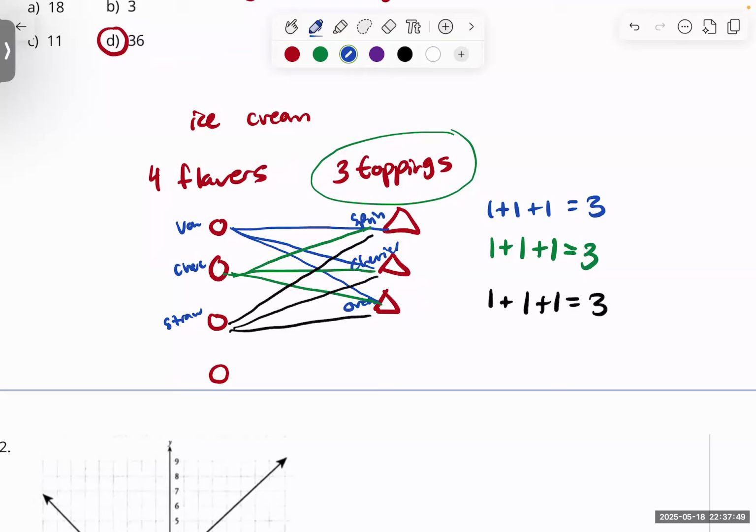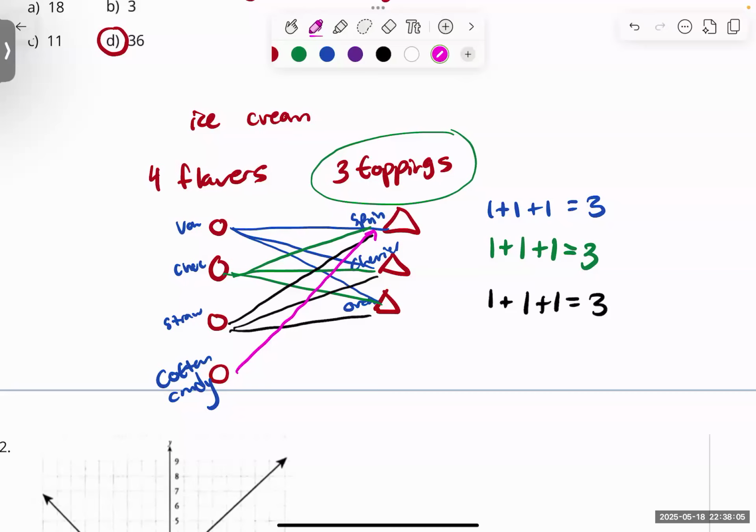Let's do some crappy one, cotton candy. So I can have cotton candy with sprinkles, that's 1. Cotton candy with cherries, that's another 1. Cotton candy with Oreo, that's disgusting. That's another 1, but that's 3.